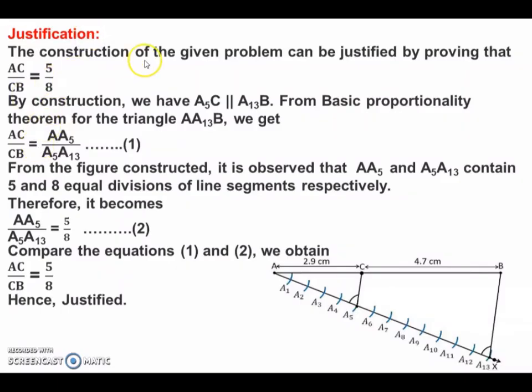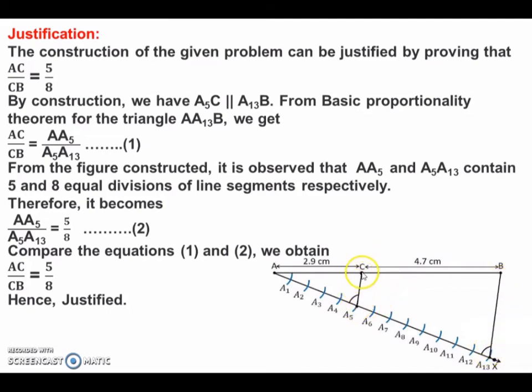Now we are going to look at the justification of the construction that we have just done. That is, AC is to CB, why this is in the ratio 5:8. So if we consider this triangle A13B, then in this triangle we have A5C going parallel to A13B.